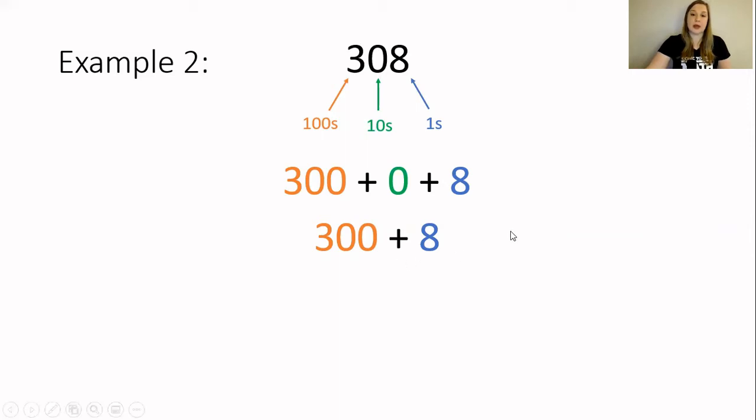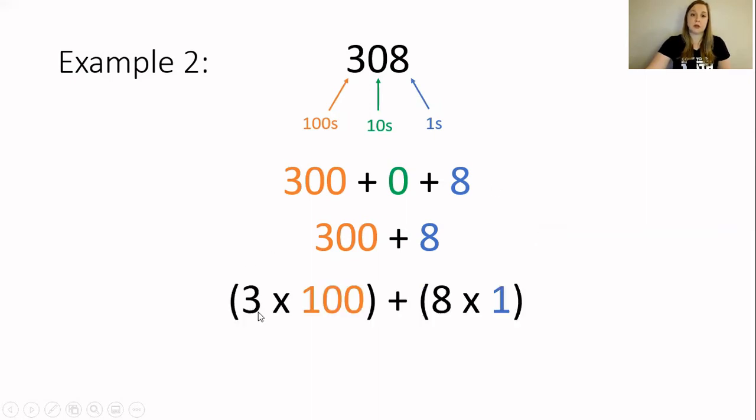All right. So again, we're going to look at multiplying it in terms of the place value. So that would then be 3 times 100. Again, 3 in the 100s place is 3 times 100, which is equivalent to 300. And then taking that 8, which was in the ones place, 8 times 1.